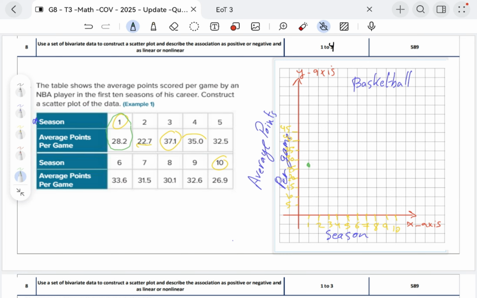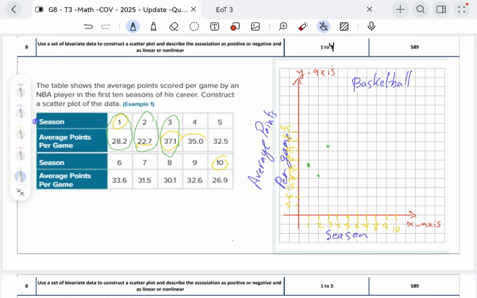Okay. Next point at 2 and 22.7. The third point, 3 with 37.1. 37 will be somewhere in here.